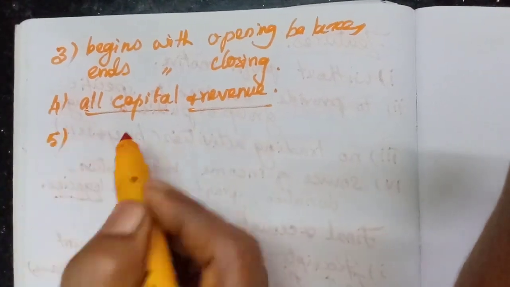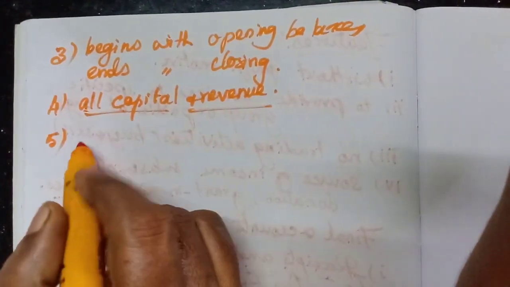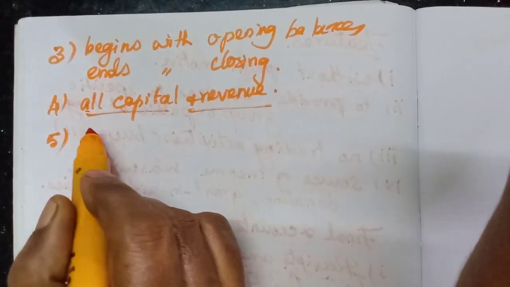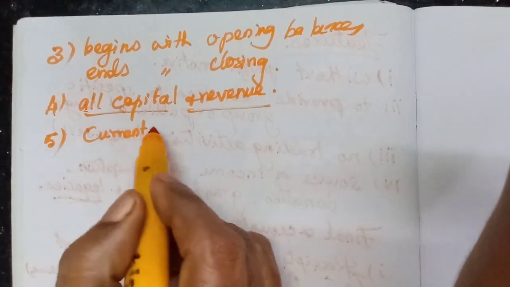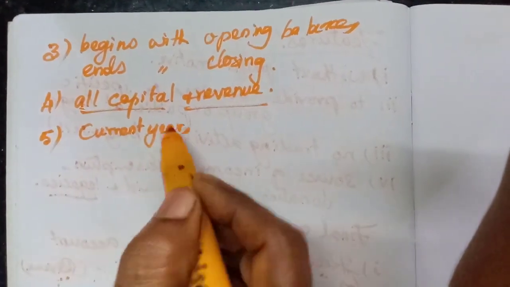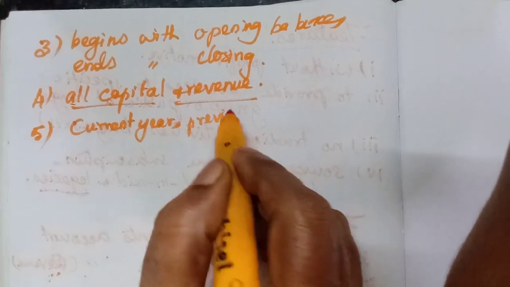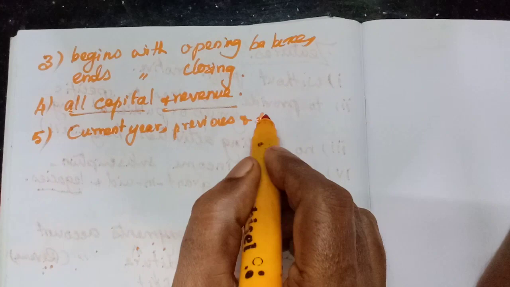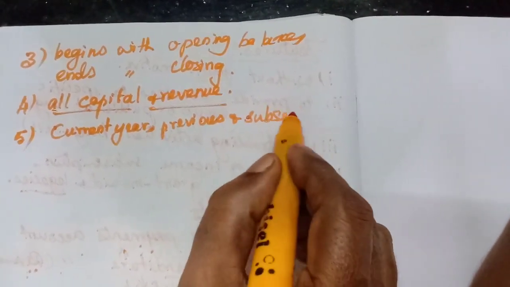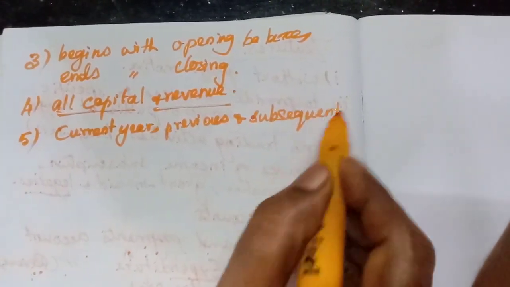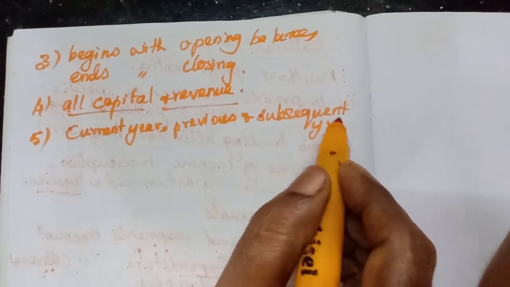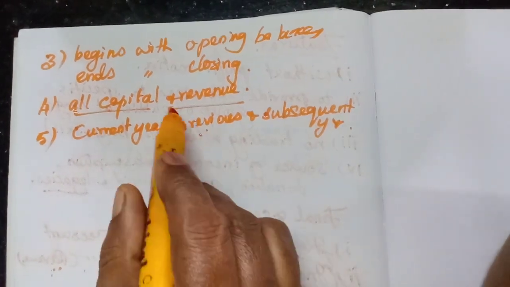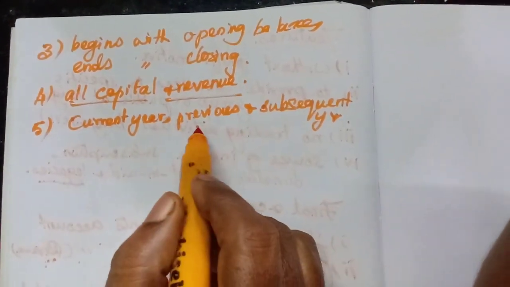And the fifth one: all these things, whether related to the current year, previous year or subsequent year. Subsequent year means next year. If a payment is related to the current year, we have to enter it. If a payment is related to last year but we are paying now, that also should be entered in the receipts and payments account.